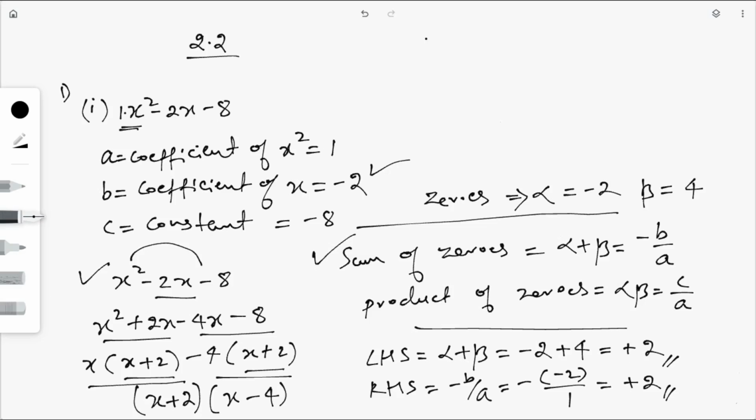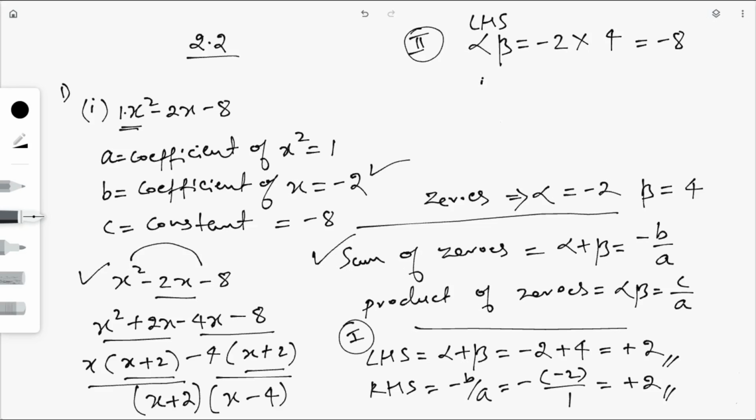What is second one? Product of zeros. So you can write this one as first case and then here second relation. What is the second relation? Product of zeros, alpha into beta. So this is my LHS. So what is alpha? Minus 2, and what is beta? Plus 4. So minus 8.